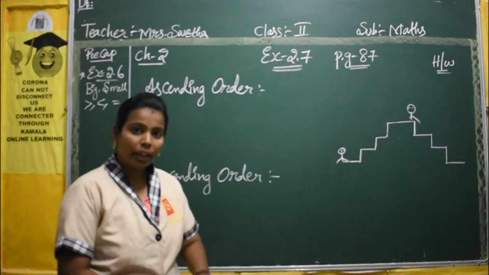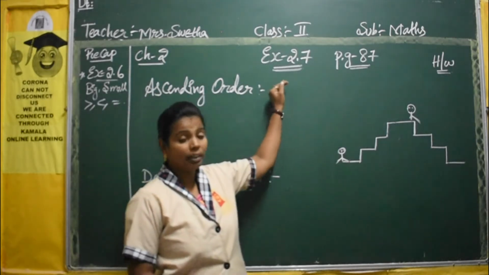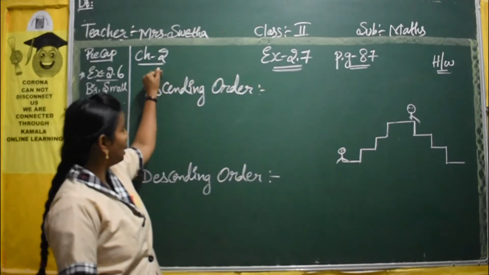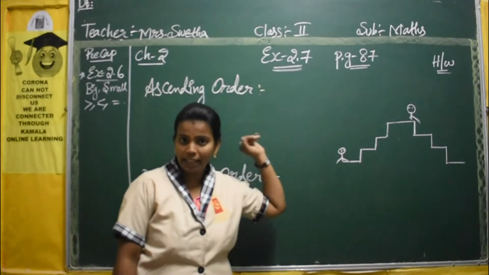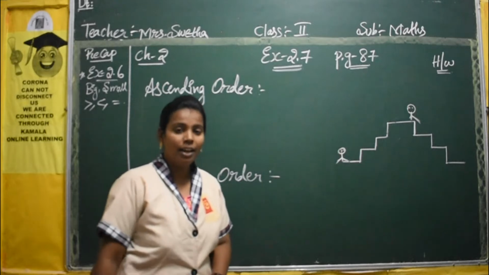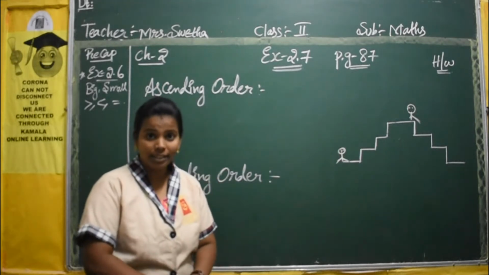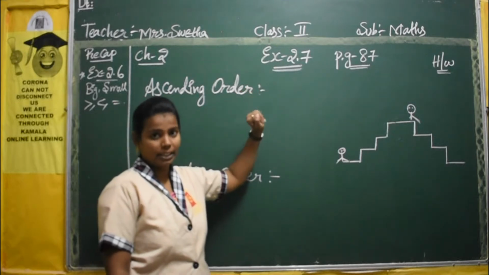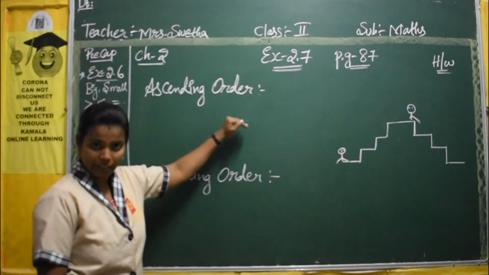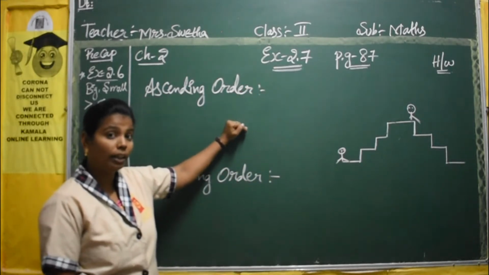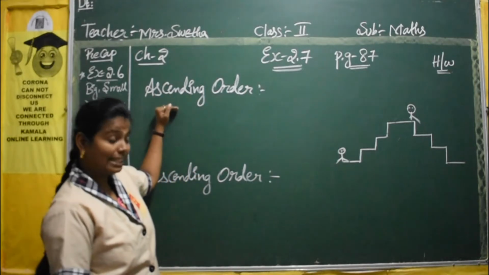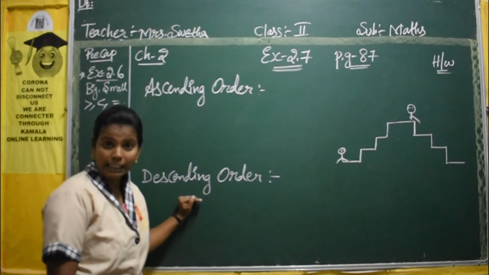So today we are going to start with exercise 2.7, in the second chapter. I hope everybody is eager to learn this exercise. Now let us start. In this exercise you are going to learn what is ascending order and what is descending order.